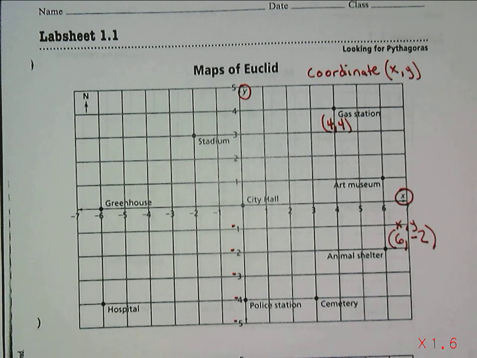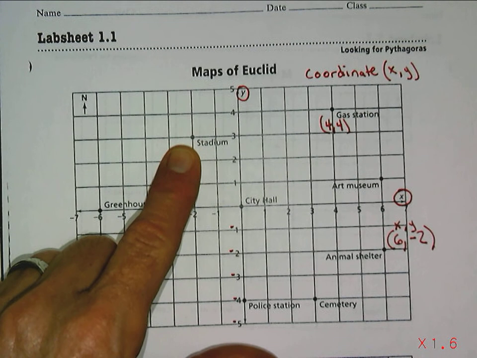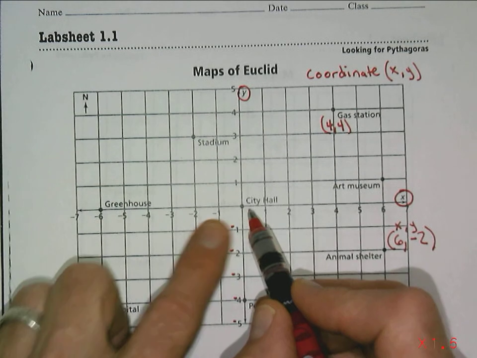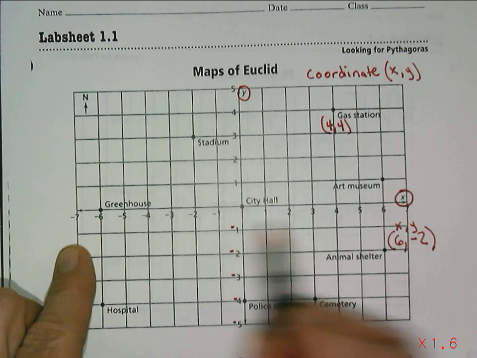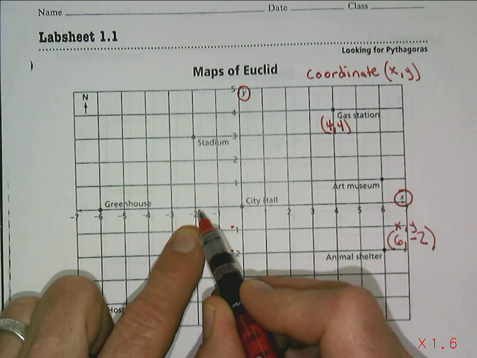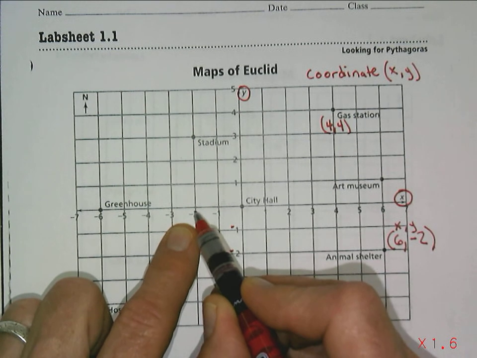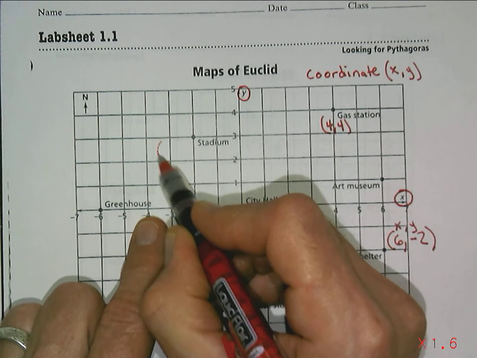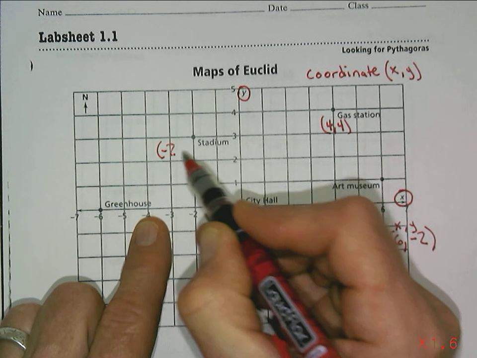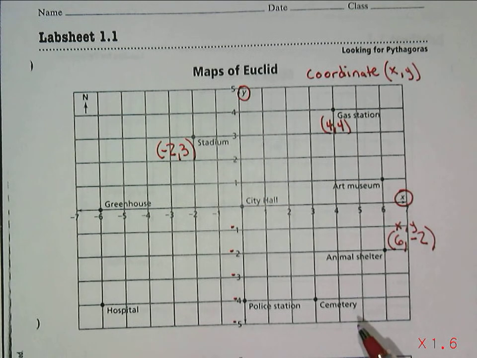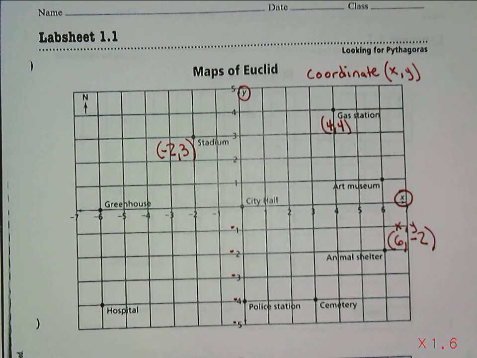So if I wanted to go, for instance, to the stadium and find the location of the stadium, again, I'm going to always start with the horizontal line, the x line, and I go over 2, so it's -2 in that direction, and then up to 3. So I can give it the coordinate -2, 3, and those are the coordinates of the stadium, and I can do that with any location on the map.